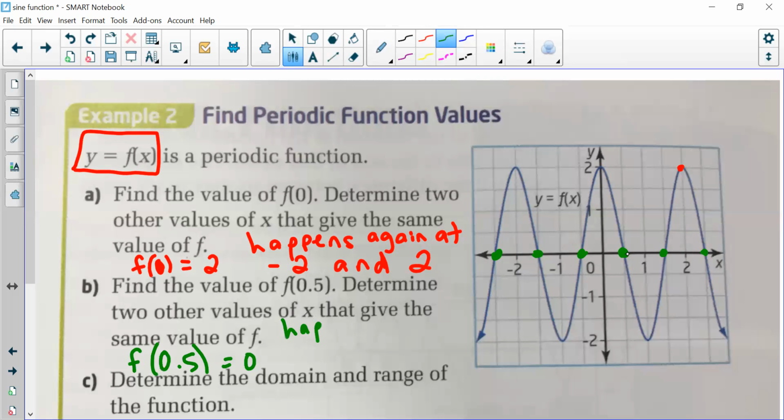A half, yep, positive half is the one that we first evaluated. So how about two other ones? Negative a half. And one more. Negative 2.5 or positive 2.5 or 1.5, negative 1.5. Any of those is fine. I'm going to put 2.5 in there. You guys actually have 1, 2, 3, 4, 5, 6 times it crosses the x-axis. It gives you the same value of 0.